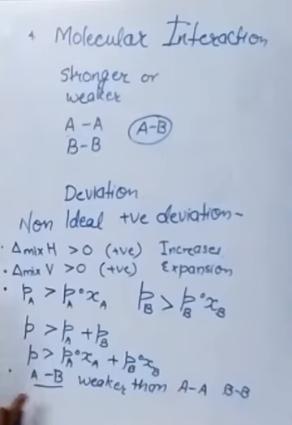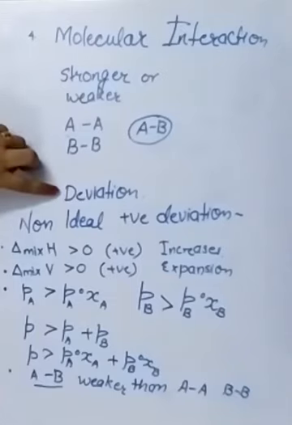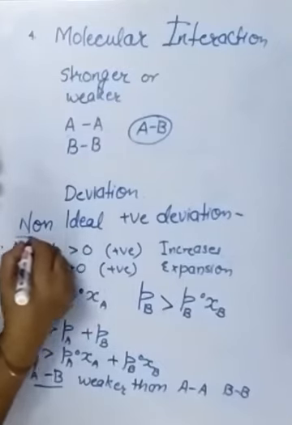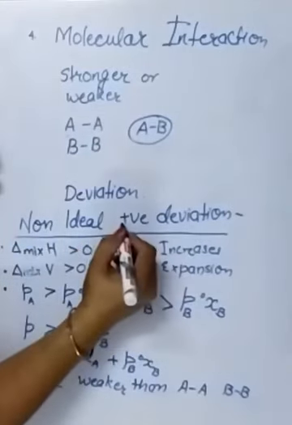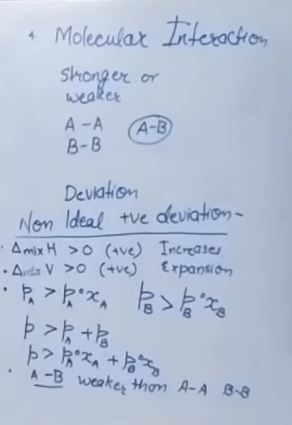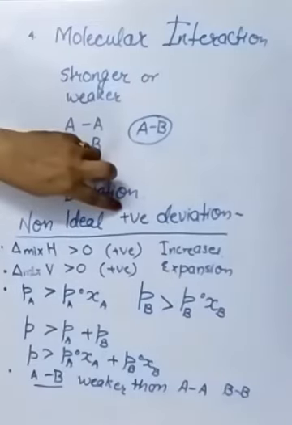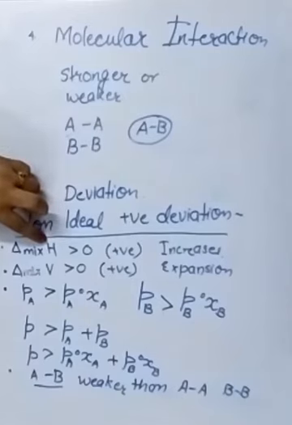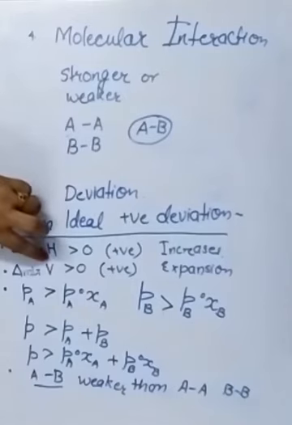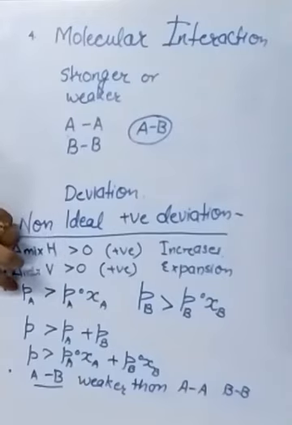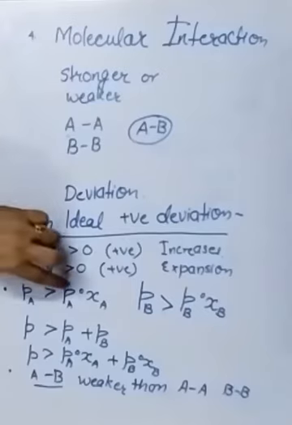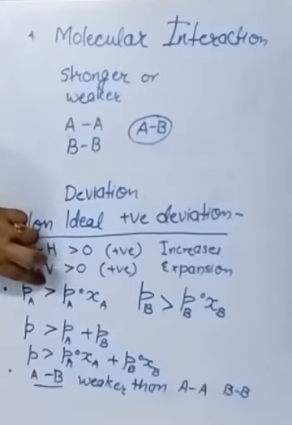So we'll see graphically positive deviation. Once again, just revising here, non-ideal solutions show either positive deviation or negative deviation when they do not follow Raoult's law. If they show positive deviation, that means enthalpy increases after mixing the two components, volume increases after mixing, and Pa will not be equal to Pa naught Xa, it will be more than Pa naught Xa.